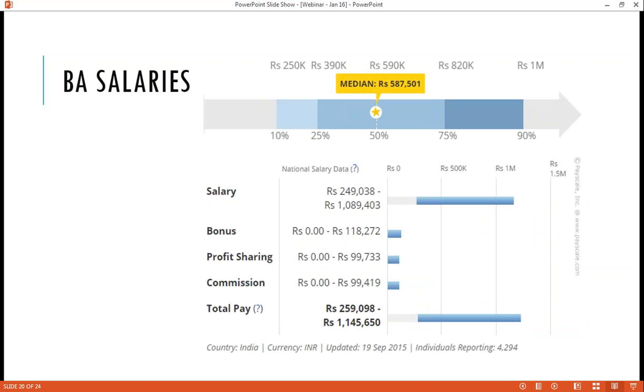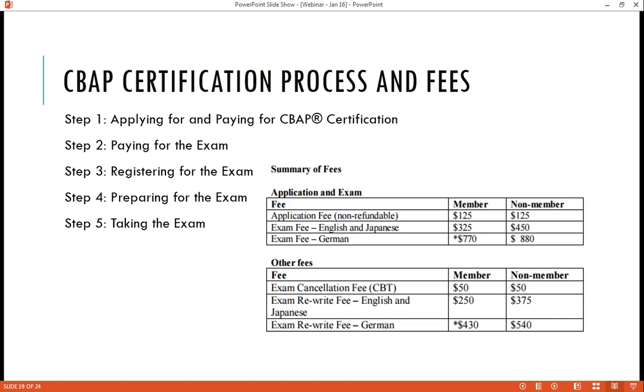Now let's look at how the BA environment is, from the salary point of view. Dave, I have 2 questions. Can I go back to the previous slide? One is, what are those 6 areas?